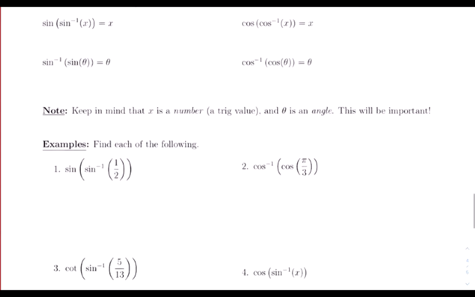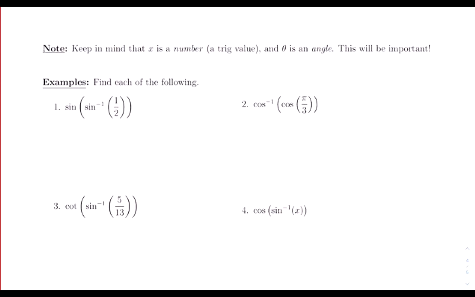So we want to find these. Sine inverse of a half. Well, if these undo each other, this should be 1/2. But to convince yourself of it, sine theta is 1/2. Theta is pi over 6 then.